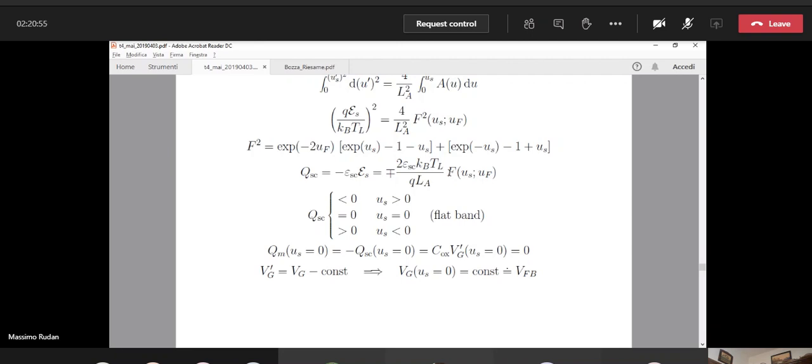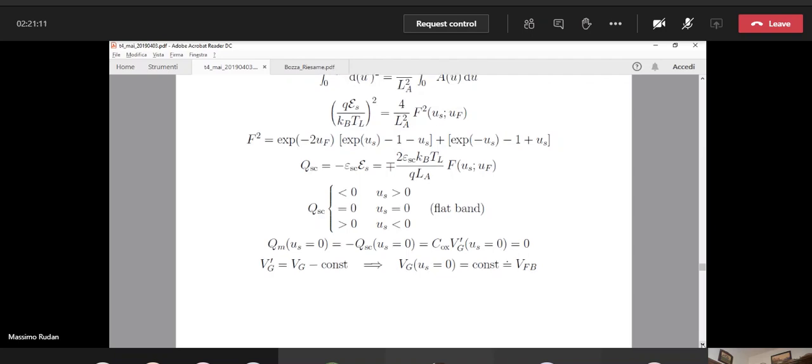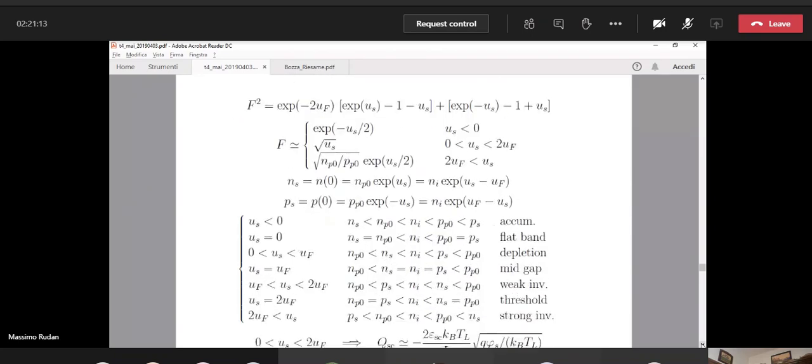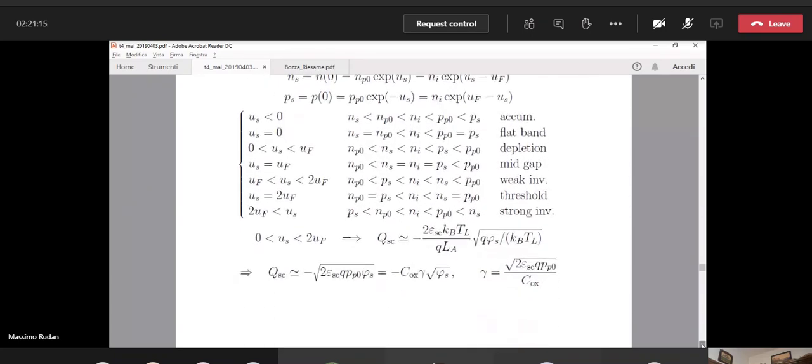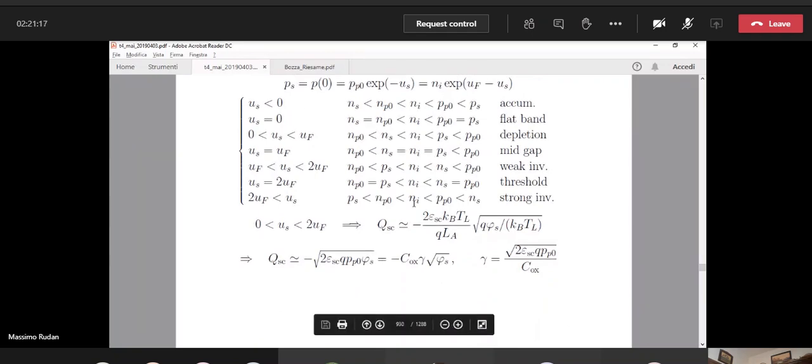Then we observe that US is positive, so we have to take the minus sign. And then we use for F the approximation of the square root of the surface potential. In so doing, we obtain this expression here.